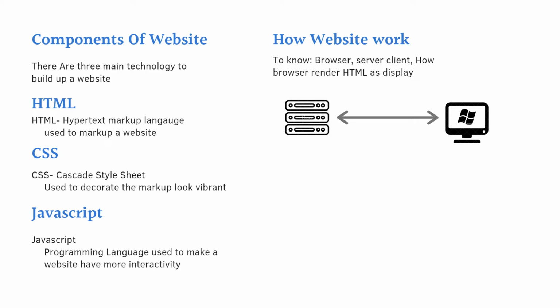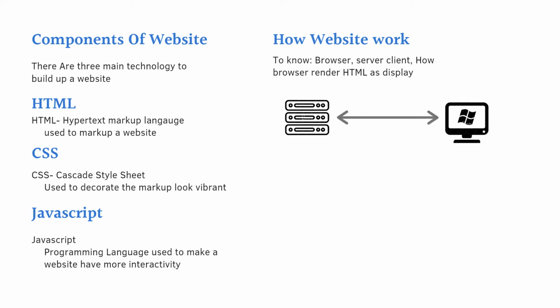When you have the sample of the human body, it looks like just bones. So you need the flesh, the color, hair, size, height, and weight. To fill this up, we use CSS to decorate and make it look more vibrant.